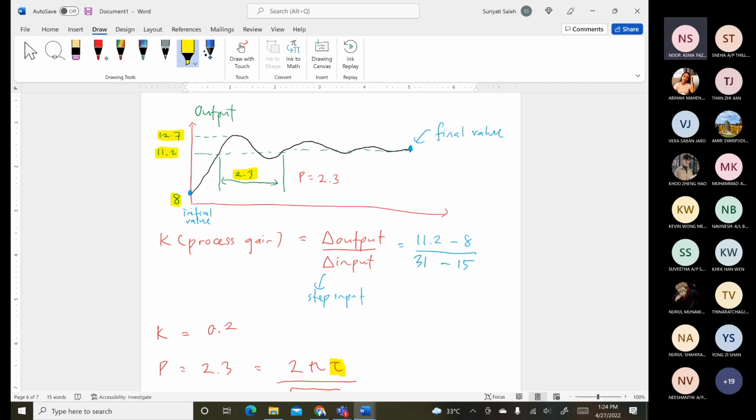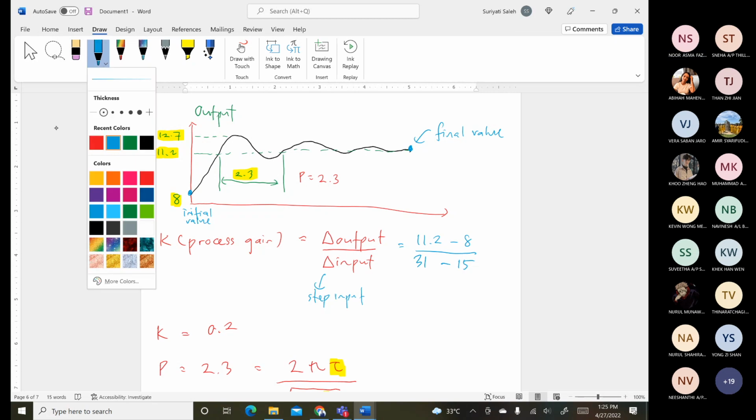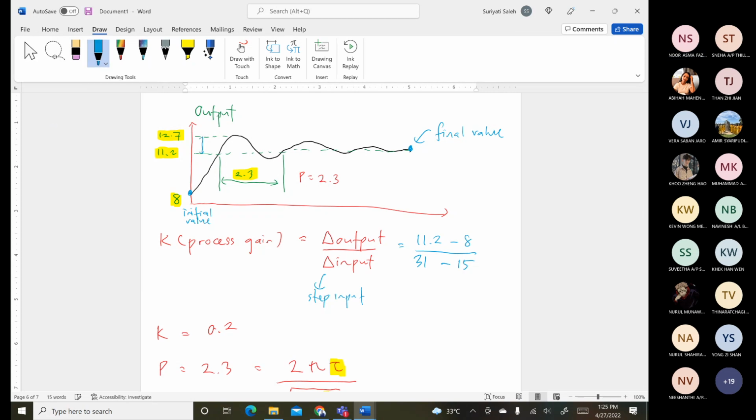So if we refer back, this one is A. And then the starting point, this one is B. When you have this distance, it represents the overshoot. The overshoot is A over B, where A is the magnitude of your peak and B is the magnitude of your increment from initial to final value.